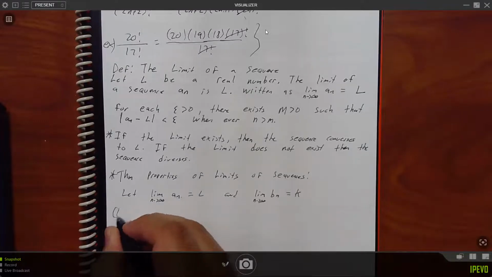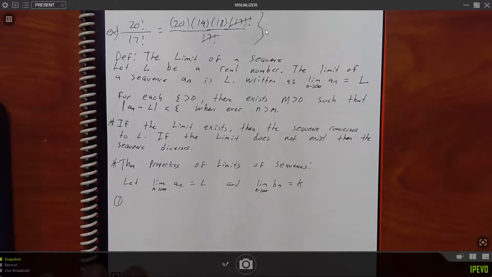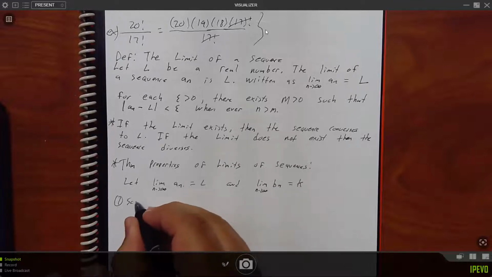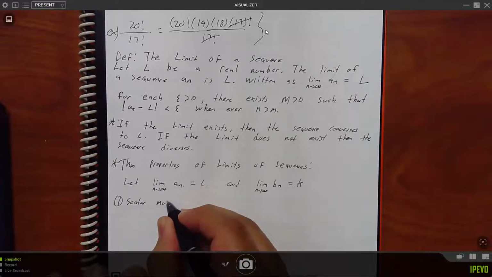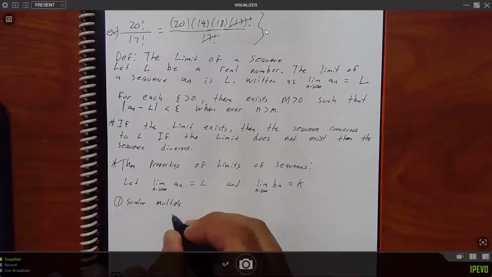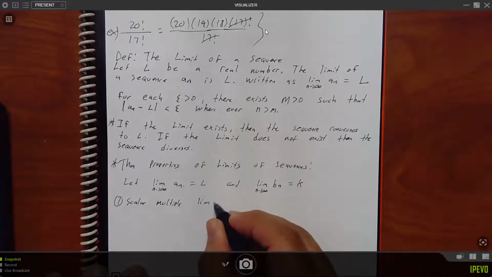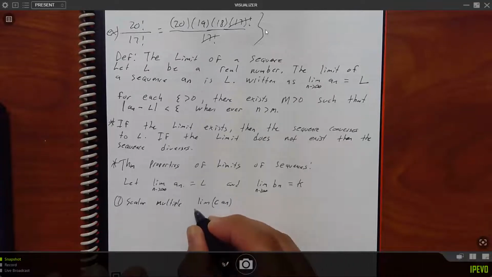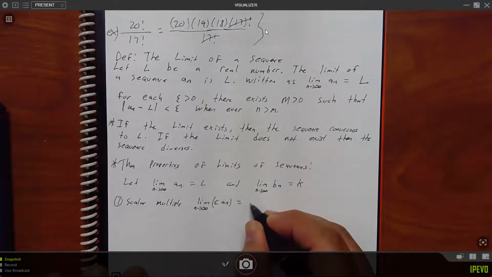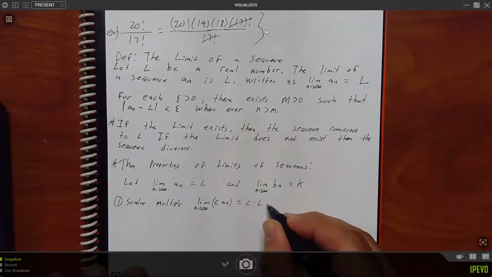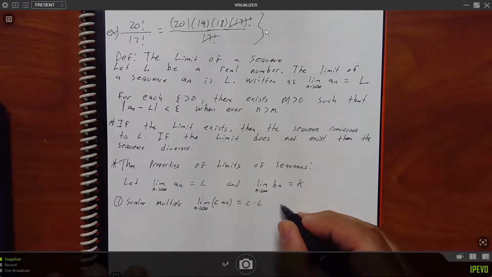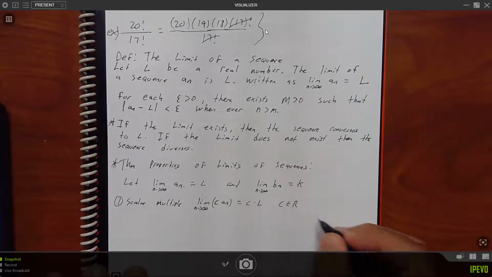Number one, first property, called the scalar multiple. The limit of C times A sub n as n approaches infinity is equal to C times L. C is an element of the real numbers.